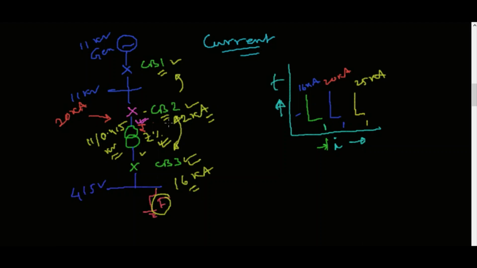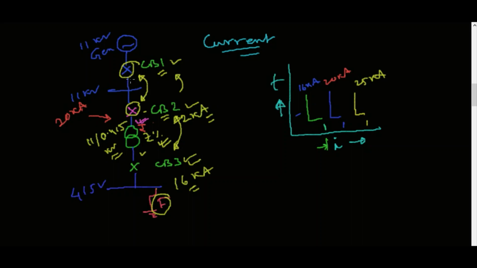That means if there is considerable impedance in between these two circuit breakers, then this current discrimination method is good.